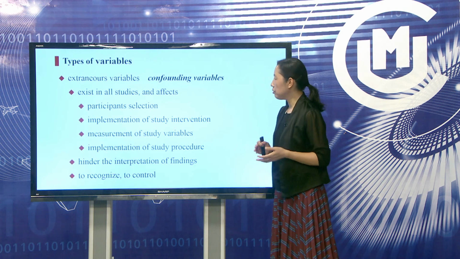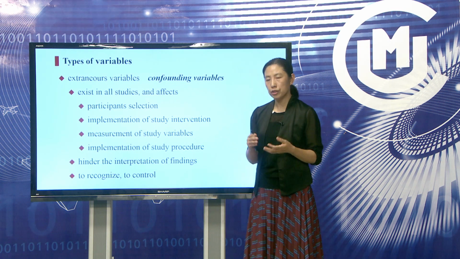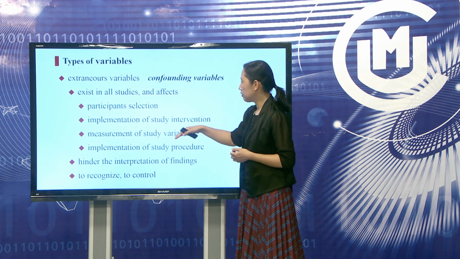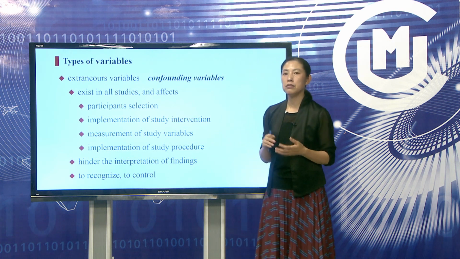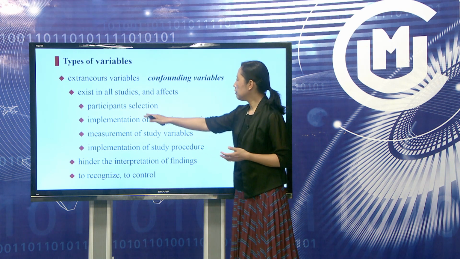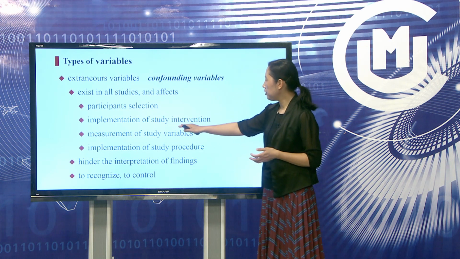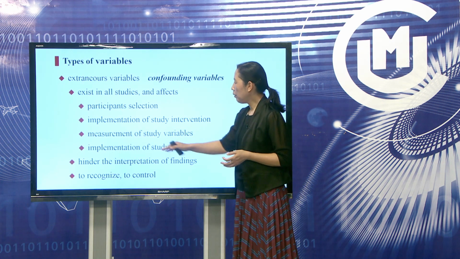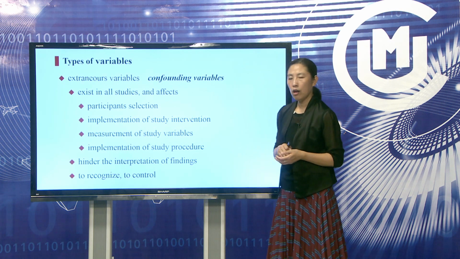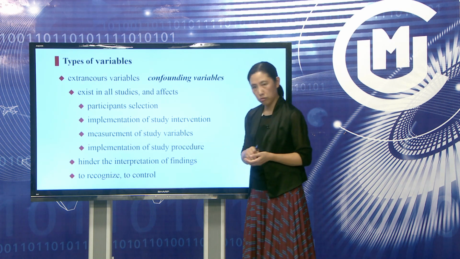If you do research, you will have extraneous variables, and these variables will affect different phases of the study. For example, they may affect participant selection, the implementation of the study intervention, the choice of measurement of study variables, or how you implement your study protocol.